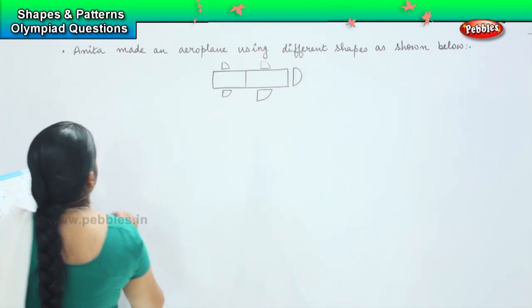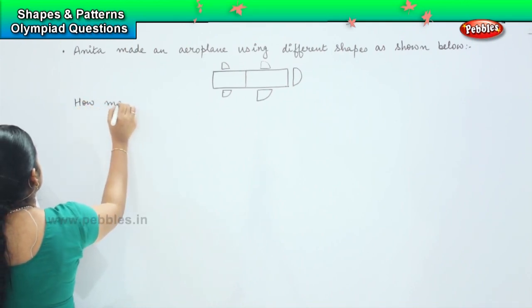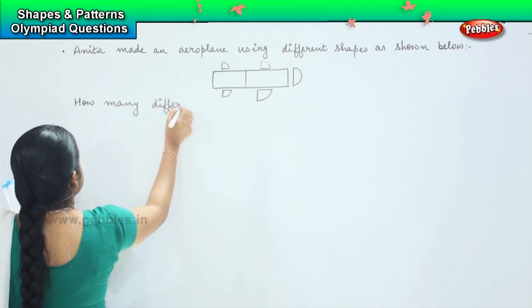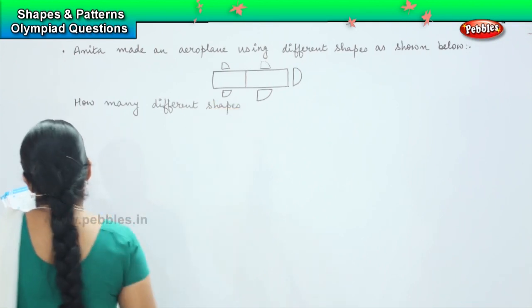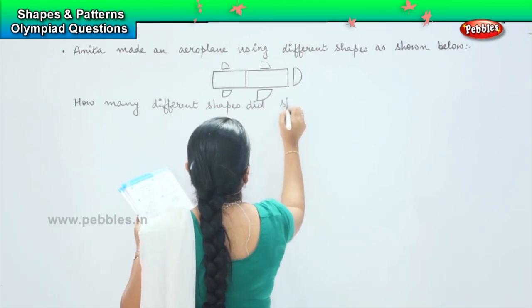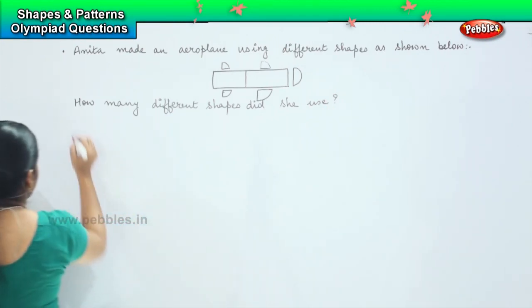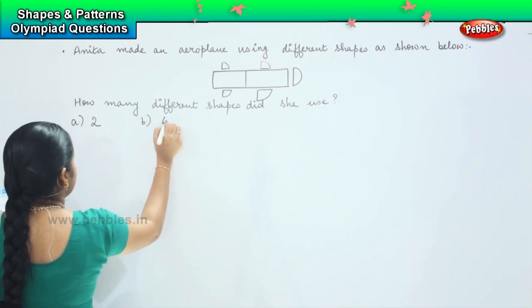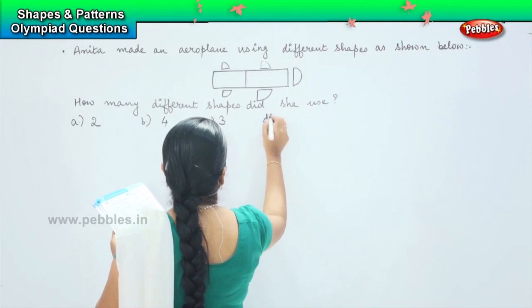Fine. So the question is, how many different shapes did she use? And your options are A, 2, B, 4, C, 3 and D, 7.